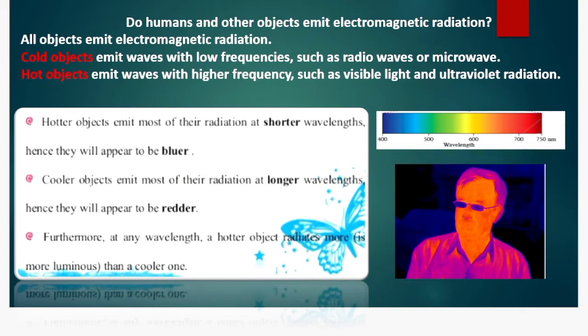Let's discuss objects with different temperatures. Cold objects emit waves with low frequencies, such as radio waves or microwaves, which are low frequency and longer wavelength. Hot objects emit waves with higher frequency, such as visible light and ultraviolet radiation.